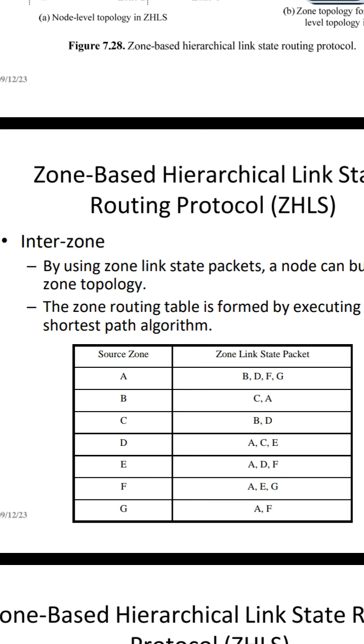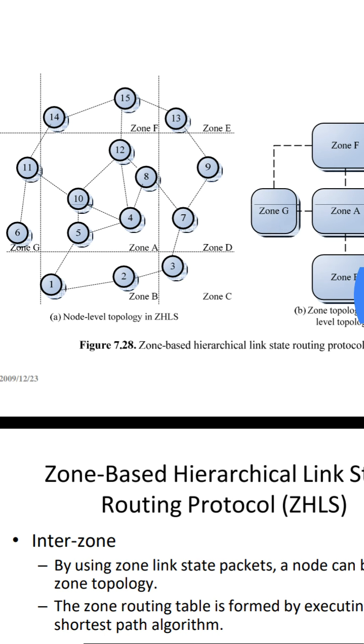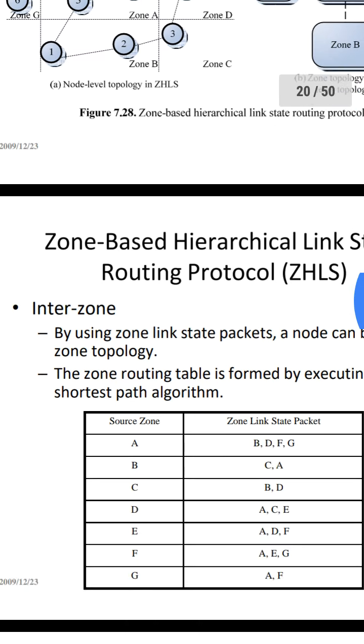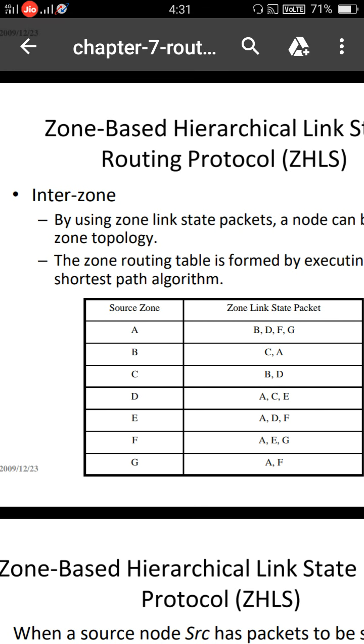Suppose A is a source zone. The adjacent zones for A are B, D, F, G. See this table: B, D, F, G. Like this we can maintain the adjacent list for the corresponding source zone.